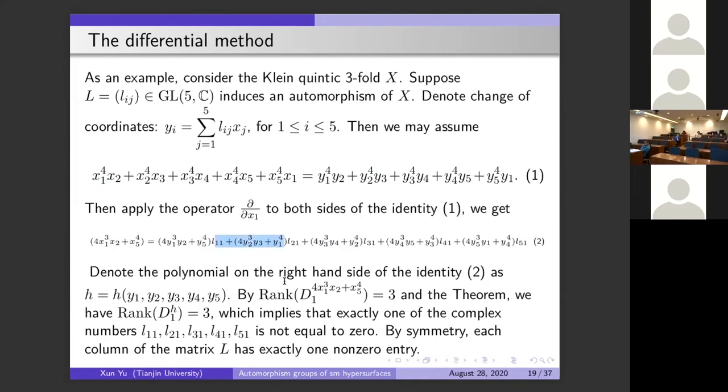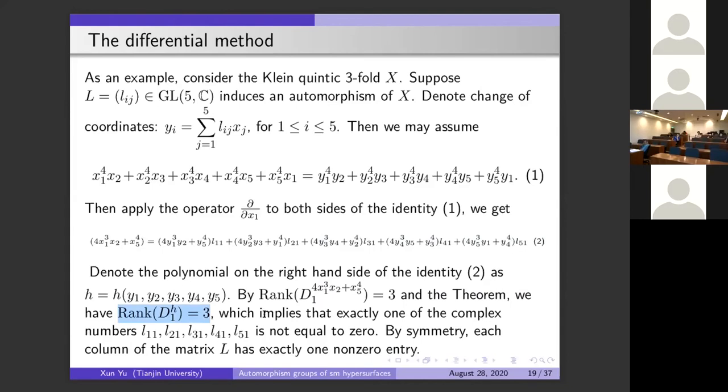Denote this by a small h, the new polynomial in variables y1 up to y5. Of course, you can easily compute this rank. The left-hand side is just 3, because you just take one more partial derivative of this again. The image space is just 3-dimensional. Then by the theorem just mentioned, we know this rank must be equal to 3 also.